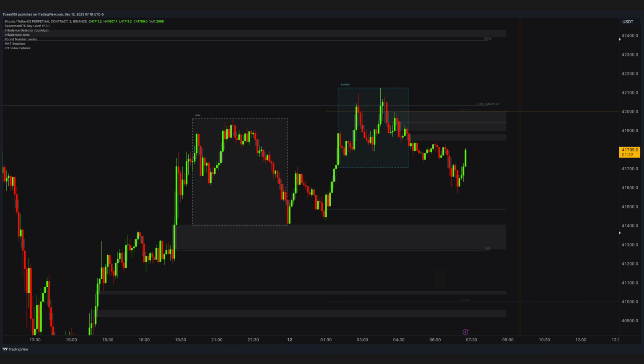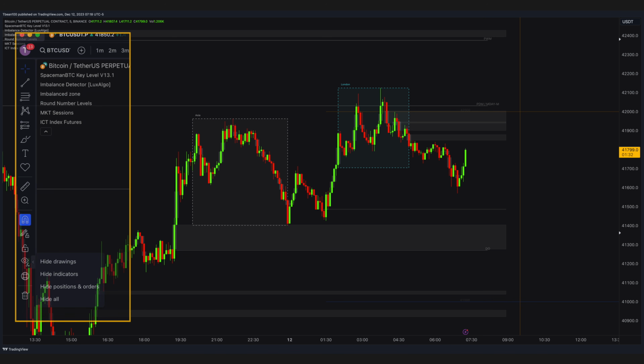However, the problem is I hate indicators. So there is this eye icon on the TradingView toolbar, which hides all the indicators. If you hover on the eye for 3 seconds, it will also show the keyboard shortcut.